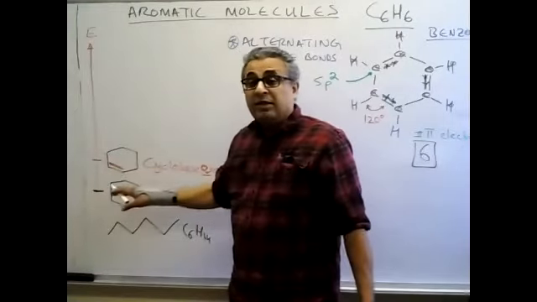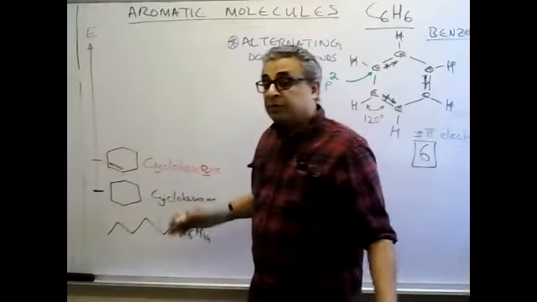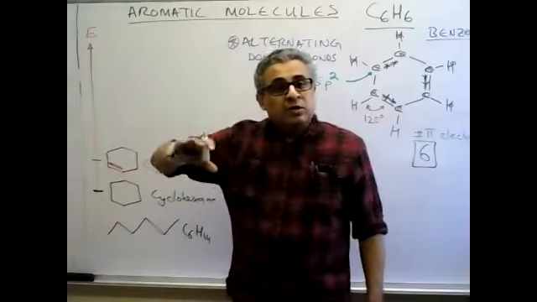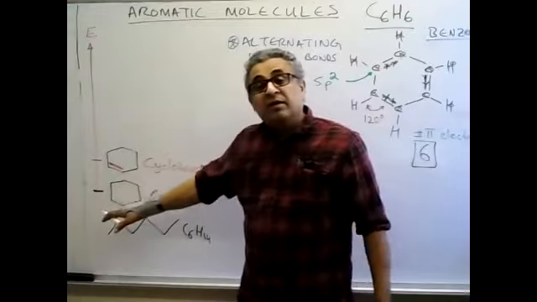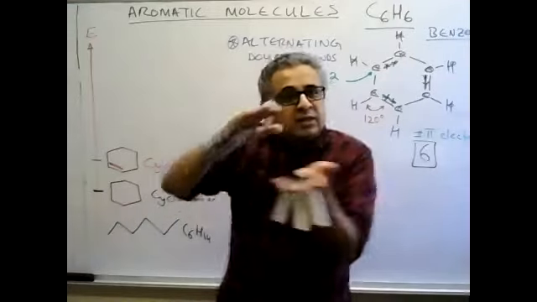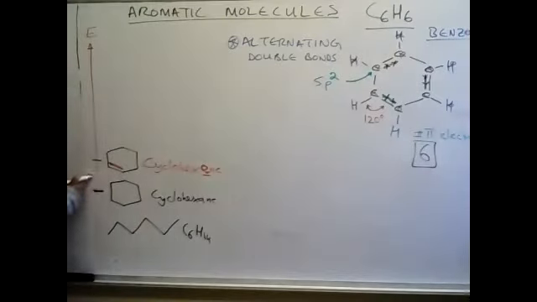Single bond is better than double bond. Everybody wants to be hydrogenated. Everybody wants to be saturated. So when you put a double bond, the energy goes up. It's a little more unstable than the parent cyclohexane by this much. Let's say that this much is delta E.